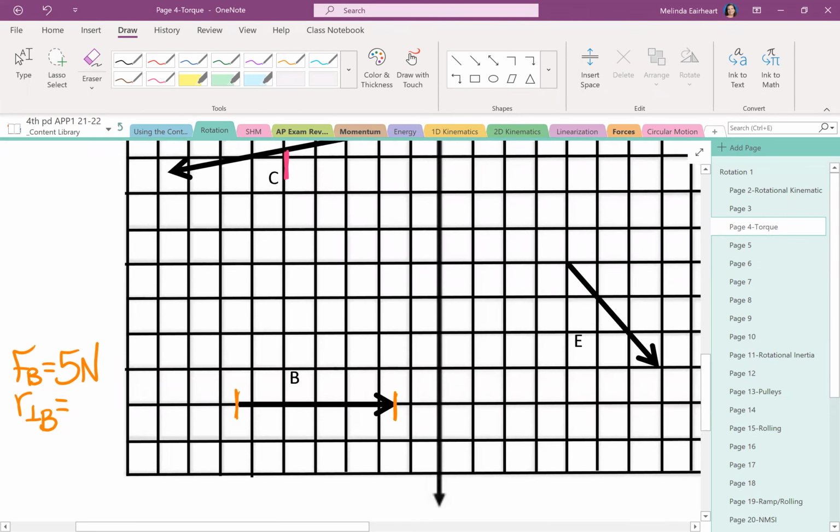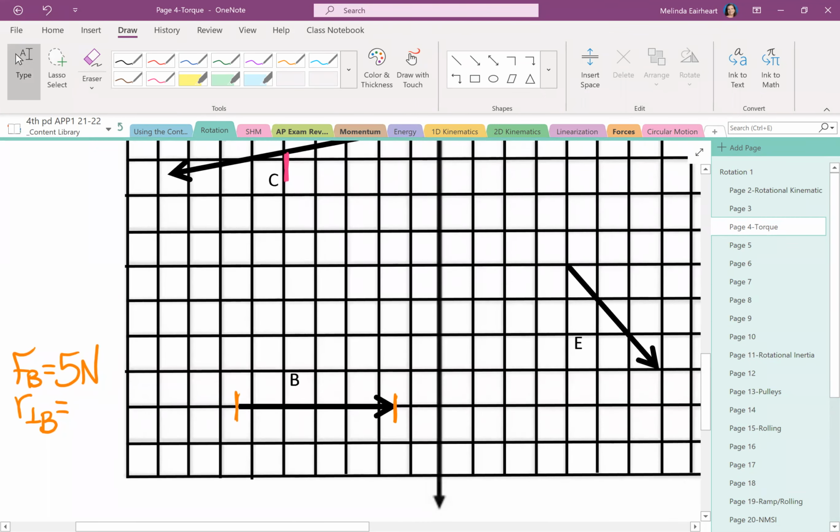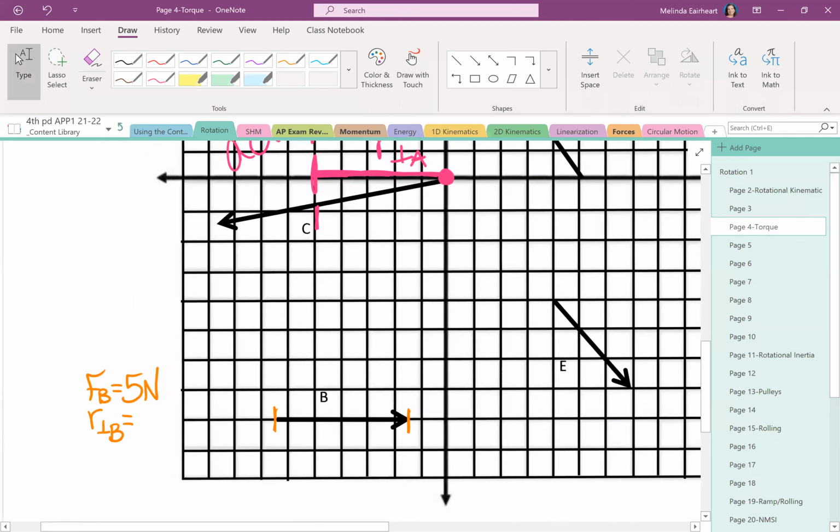And so it's a horizontal force, meaning I need a perpendicular, vertical lever arm. So we're going to extend the line of force. And usually I try to go towards kind of the region. Okay, so the origin's on the y-axis, so I want to go towards that. But true story, you may have to extend it to the left.